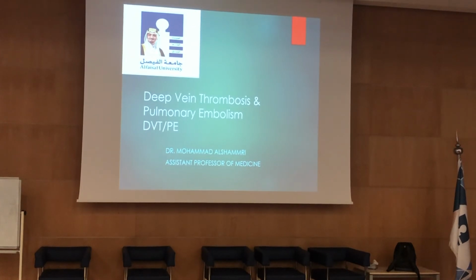Then this thrombus will travel to the right ventricle. And the right ventricle usually pumps the blood to which organ? To the pulmonary circulation through the pulmonary trunk. So in other words, the lung is not protected from deep vein thrombosis.